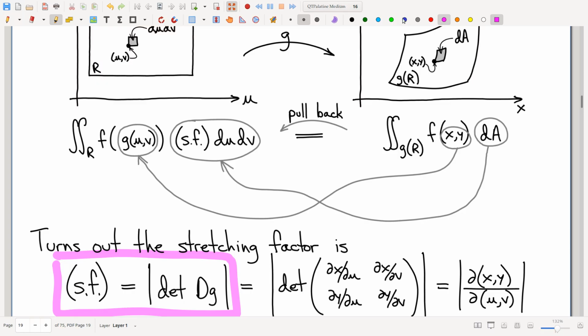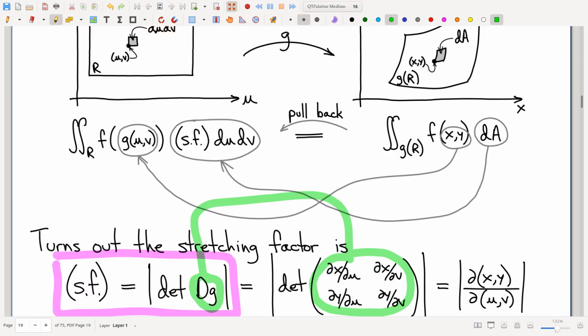Now, reminder, the derivative matrix is that right there. Flashbacks of chapter 2 again. It's the same derivative matrix from chapter 2. Sometimes this derivative matrix is called the Jacobian matrix. And the determinant of the Jacobian matrix gets used a lot.